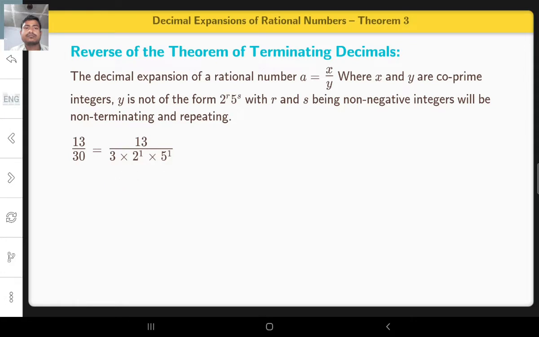In decimal form, 13 by 30 calculates to 0.43333 and so on, which is a non-terminating, repeating decimal. Here is another example, the number 11 by 7.